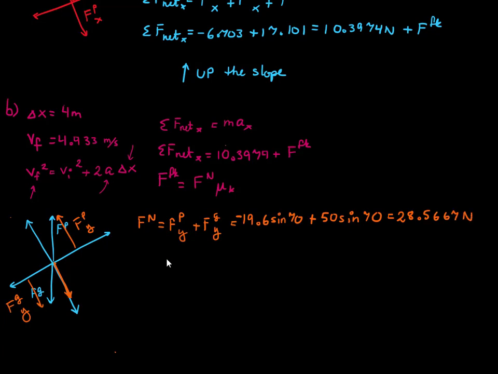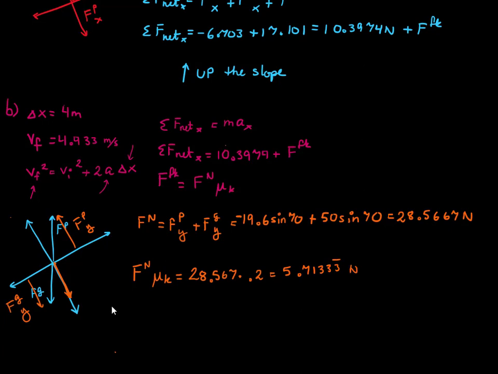Now that we have the normal force, we know that normal force times the coefficient of kinetic friction, which they told us was 0.2, equals the force of kinetic friction. So we do 28.567 times 0.2, and that comes out to 5.71333 repeating newtons. That's our force of kinetic friction.